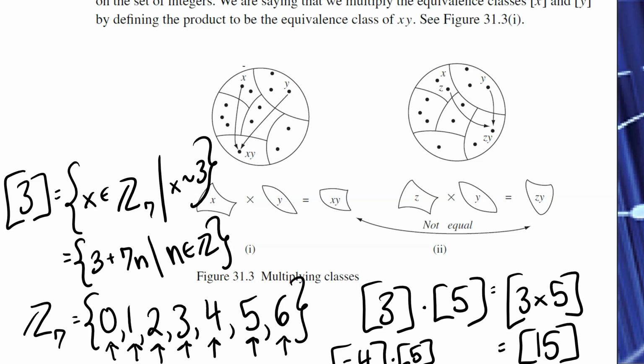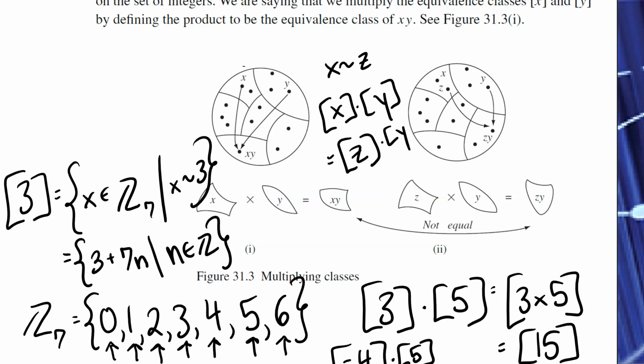So this example up here, they're bringing up a concern. We don't want this to happen. Since x twiddles z, we would like it that x times y is the same equivalence class as z times y, since this means that the equivalence class of x equals the equivalence class of z.